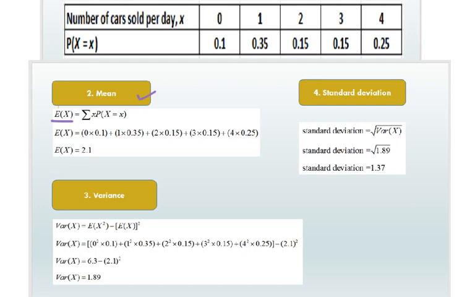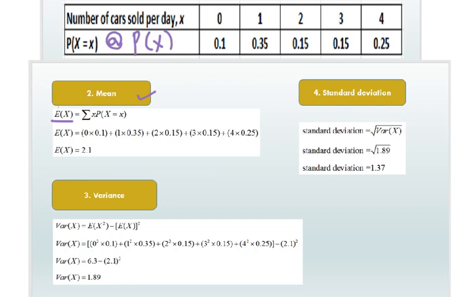For the probability, if you have P(X = x), or if you are being given P(x), it's also the same thing. So meaning that here you need to multiply your X with the probability.